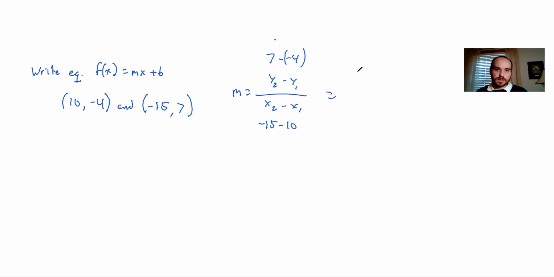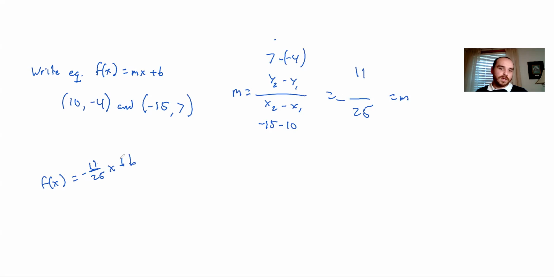So you should get 11 over -25. So -11 over 25 is our m. So now we have f of x equals -11 over 25 x. A lot of you just put that as a decimal, as -0.44, and that's fine too.